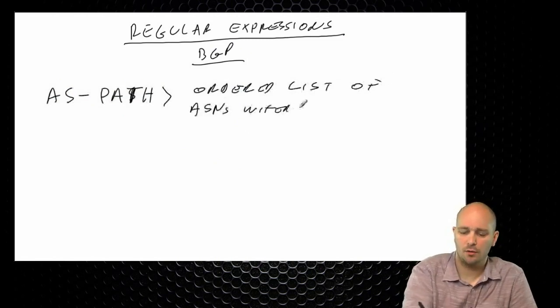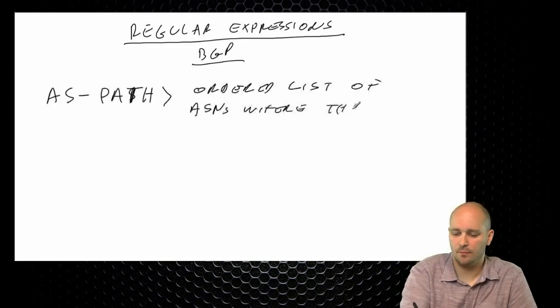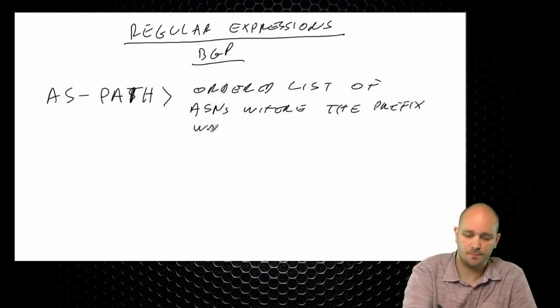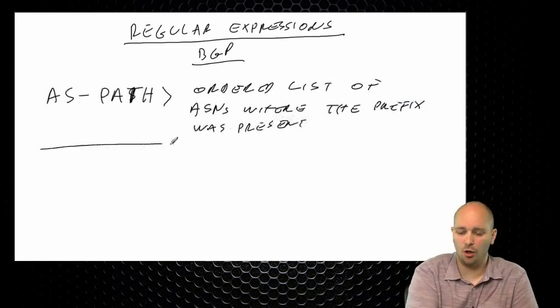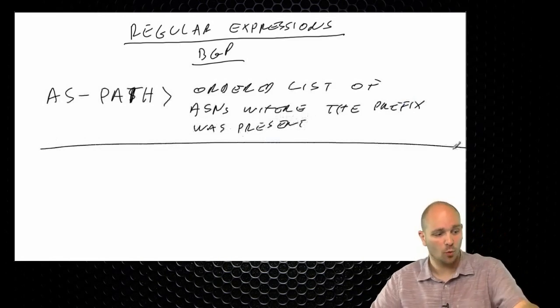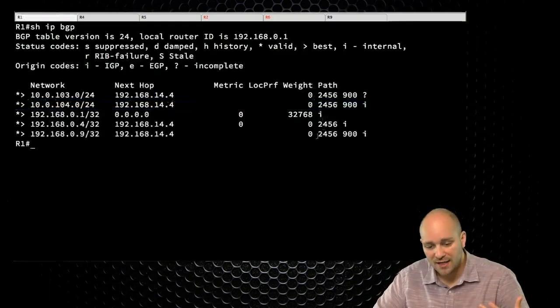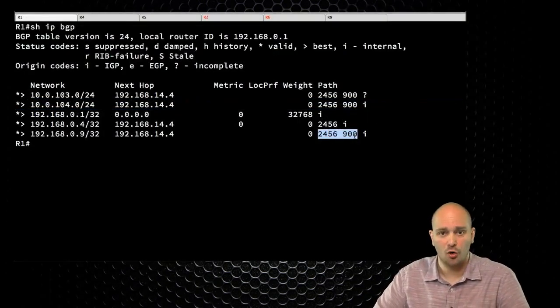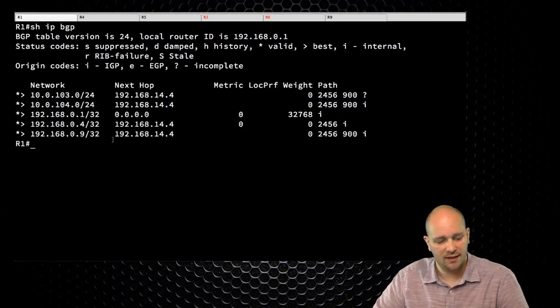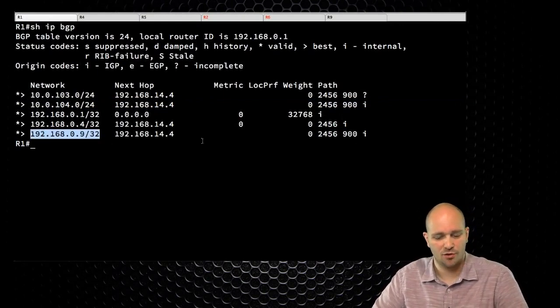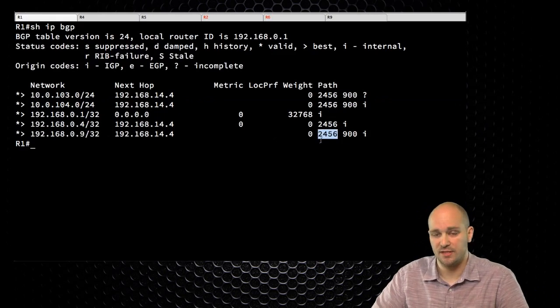where the prefix was present. So if we take a look at the examples that we have been working on so far, this is the AS path. Now we are on R1, and we are seeing that route 192.168.0.9 has been in autonomous systems 2456 and 900.